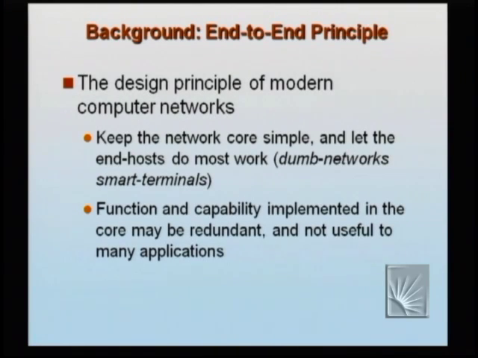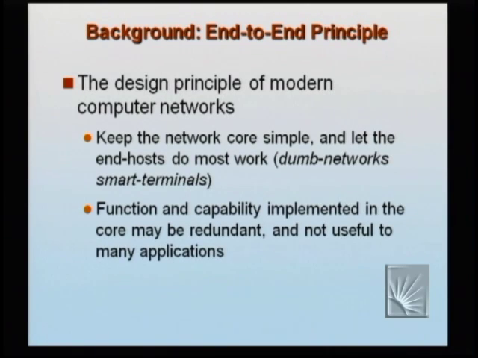The first background is the end-to-end design principle. For more than 30 years, this end-to-end design principle has been applied to the internet, and because of it, the modern computer network architecture has the property called dumb network, smart terminal architecture.